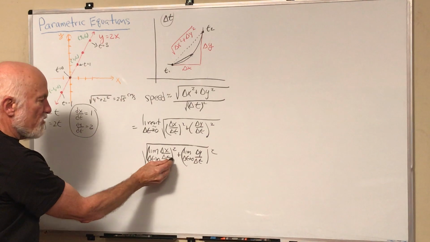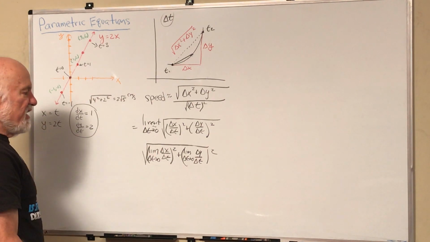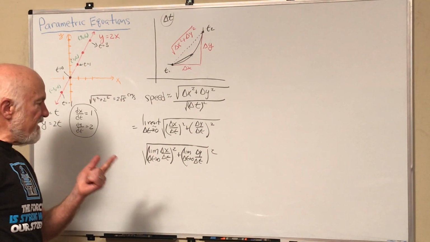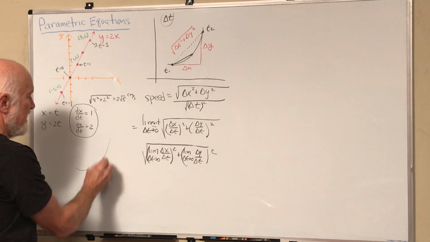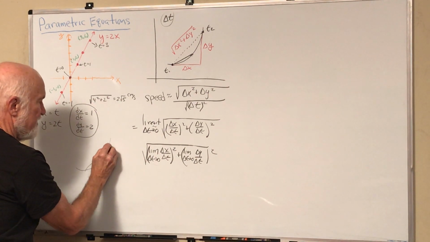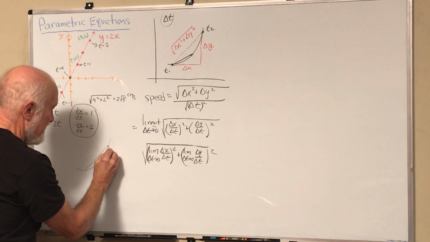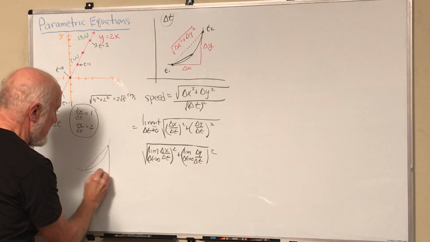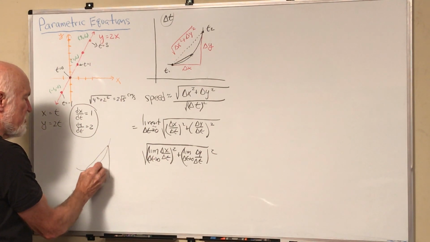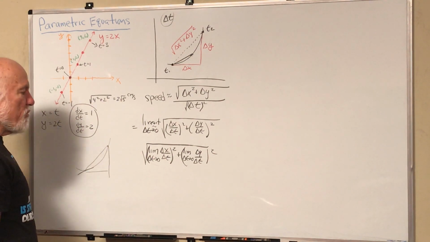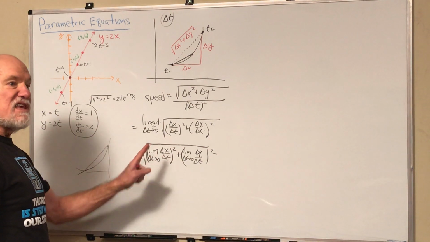Now these things right inside these parentheses are something that should be recognizable. What do we have if we have a graph and we take the change in x over the change in t, and then you take the limit as delta t approaches 0? You get the slope right at that point. We get dx/dt.